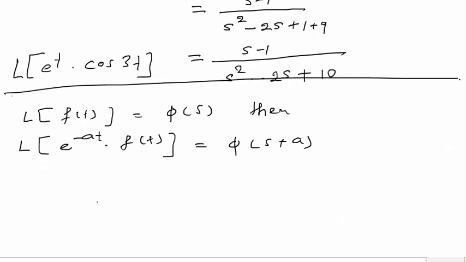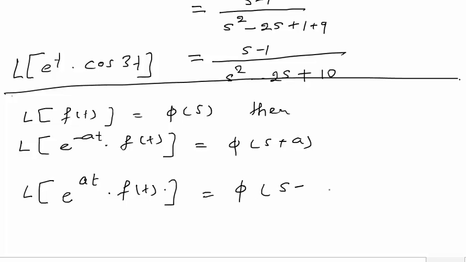Now if I replace that a by minus a, it will become Laplace of e power minus minus, which becomes plus, so e power at into f of t is equal to phi of s minus a.